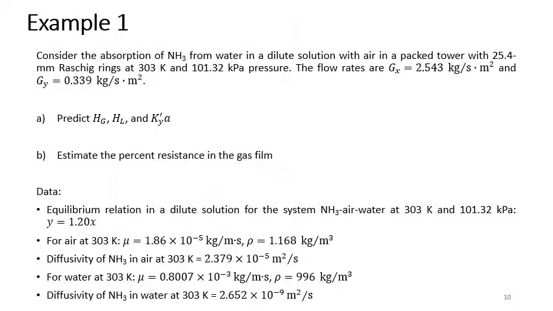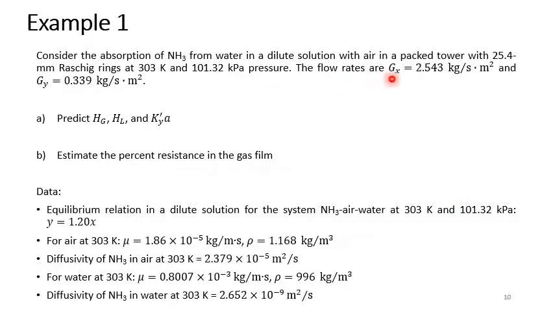Alright, so let's go through example 1. Consider the absorption of ammonia from water in a dilute solution with air in a packed tower with 25.4 mm Raschig rings at 303 Kelvin and 101.32 kilopascal pressure. The flow rates are given.